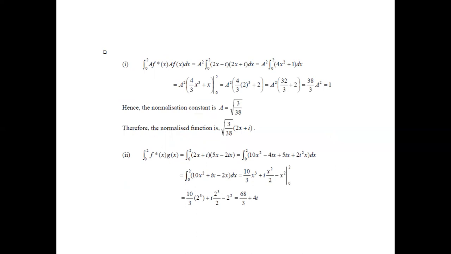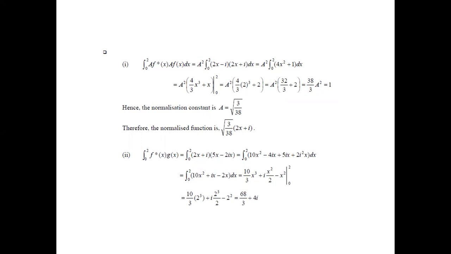The normalization of the first one is what we are going to see first. The integral from 0 to 2 of A f star of x, A f of x dx equals a squared times the integral from 0 to 2 of (2x minus i)(2x plus i) dx. That will be equal to a squared times the integral from 0 to 2 of 4x squared plus 1 dx.